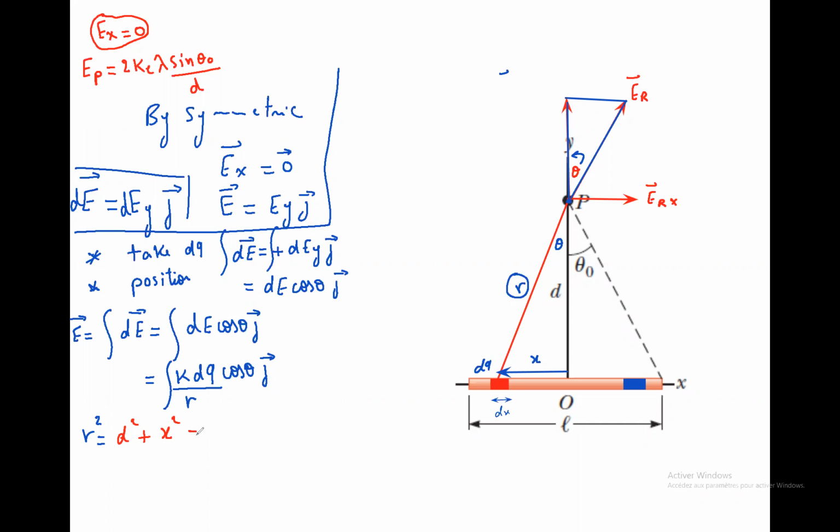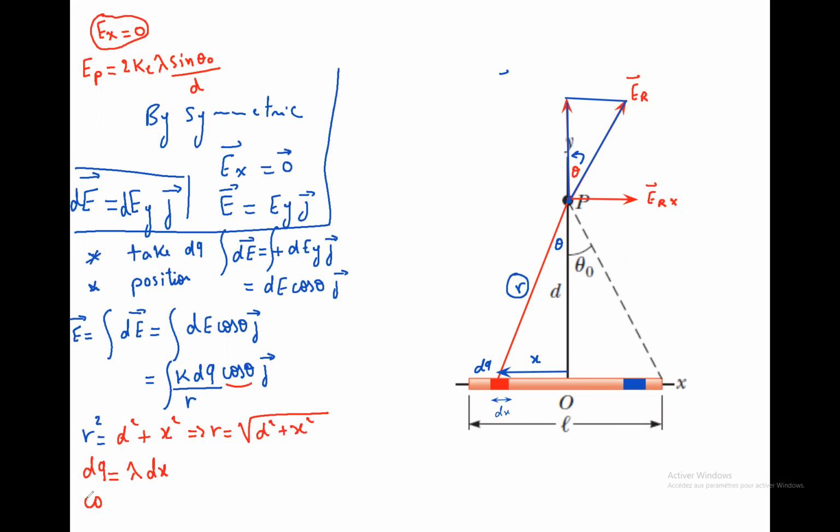So R equal radical D square plus X square. And dq equal lambda dx. Okay, we have dq, we have R, and we have cosine.